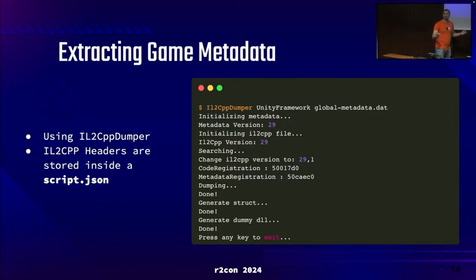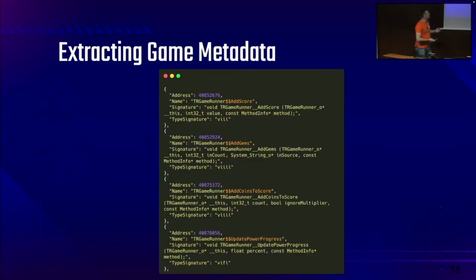So there you go. We have everything. So this is an example of how it looks. It's just, as you see, the name, the signature, the return values, and I mean, just with that, you have most of the work already done for you.